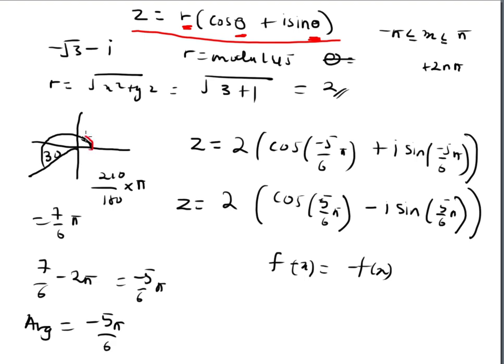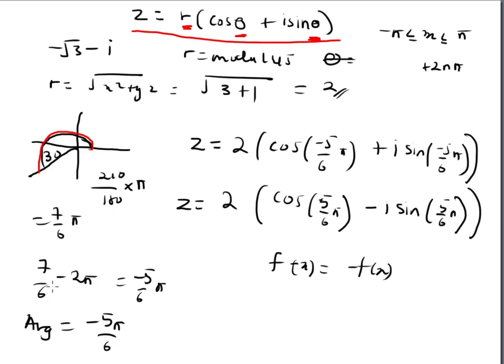We take the angle with respect to the quadrants, and we get 210. We change to radians and get 7 pi on 6.